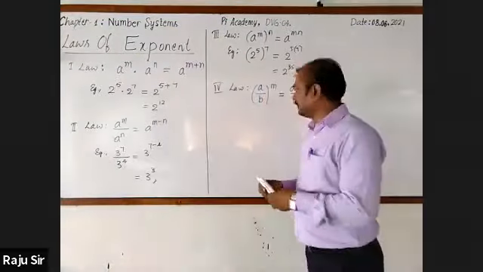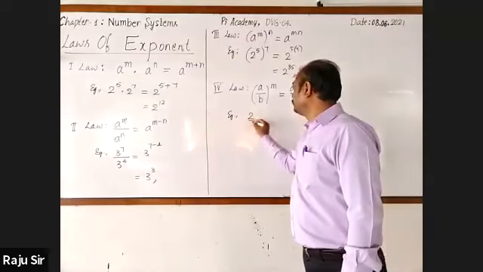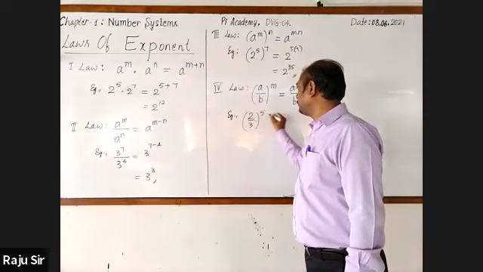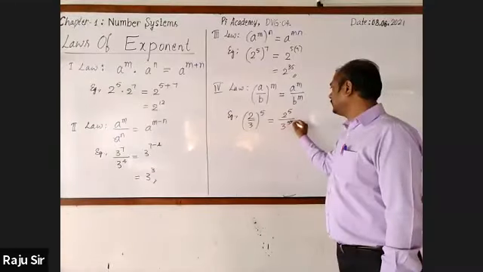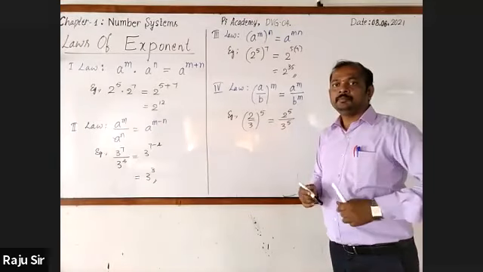Write an example. It is 2 by 3 whole raised to the power 5. It can be written as 2 raised to the power 5 by 3 raised to the power 5.